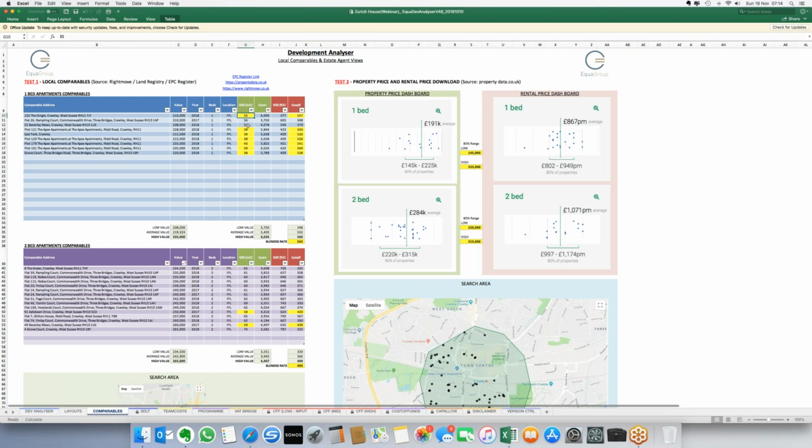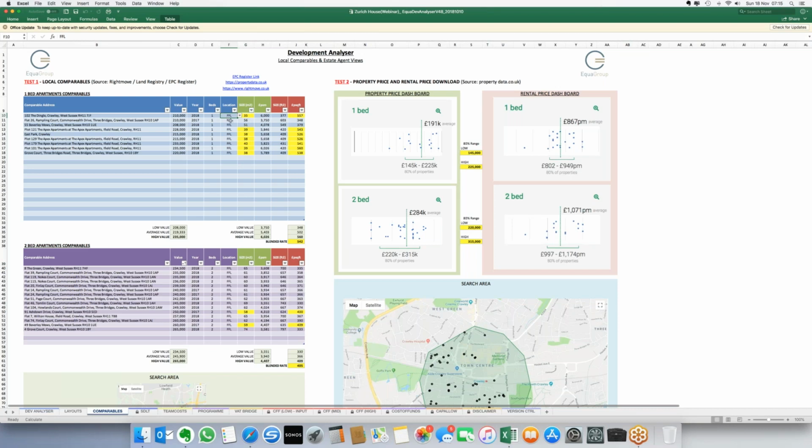So I just go off to the register. I pull down the specific EPC for each of these addresses, and lo and behold, on the top right-hand corner of the EPC itself has got the size of the dwelling, which we extract, and we just pop into this particular part here.